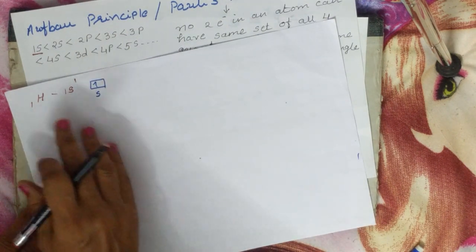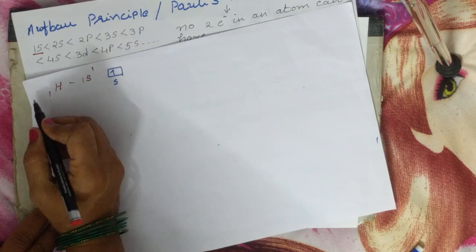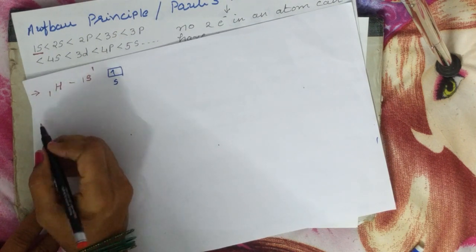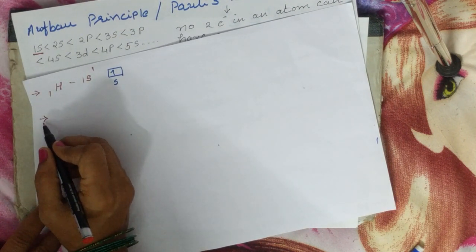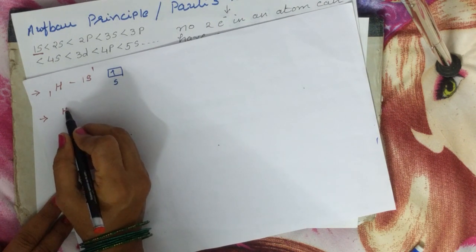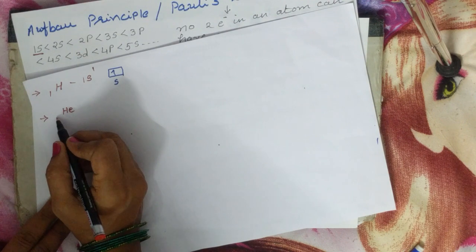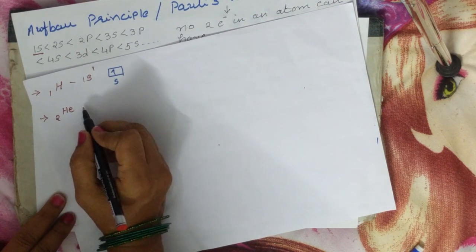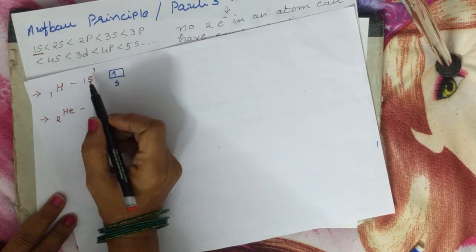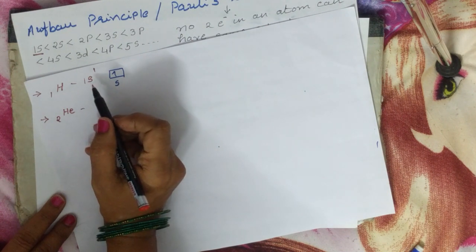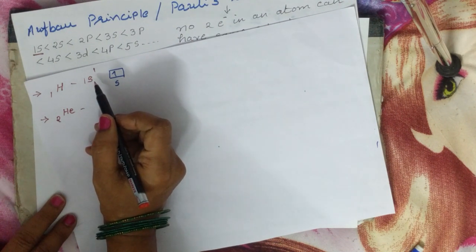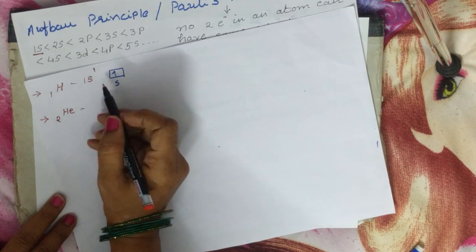This is for hydrogen. Second, we'll go with helium. As you know, the Z of helium is 2. All the orbitals have a maximum capacity of 2 electrons.